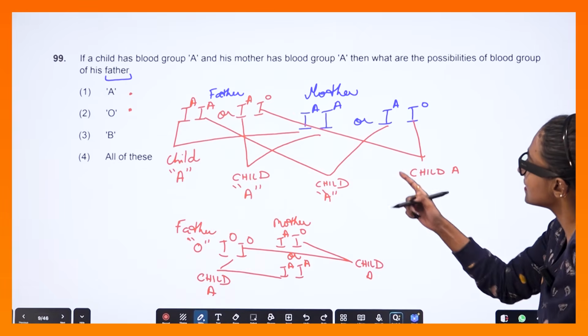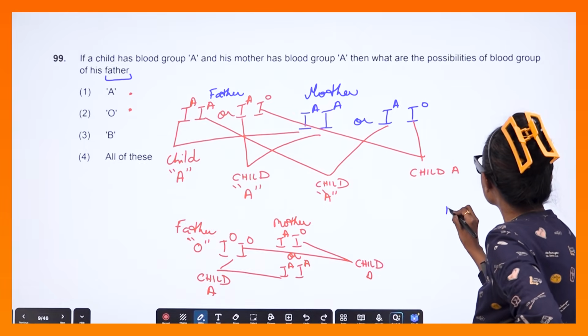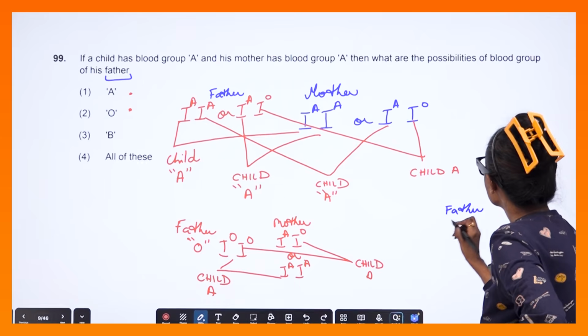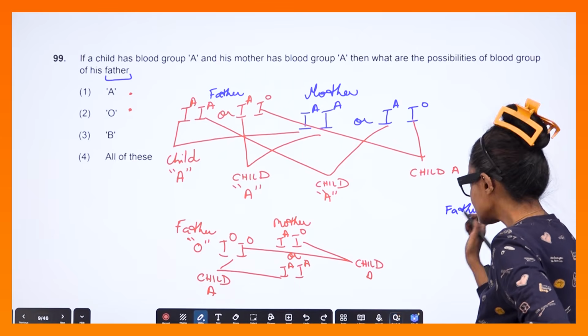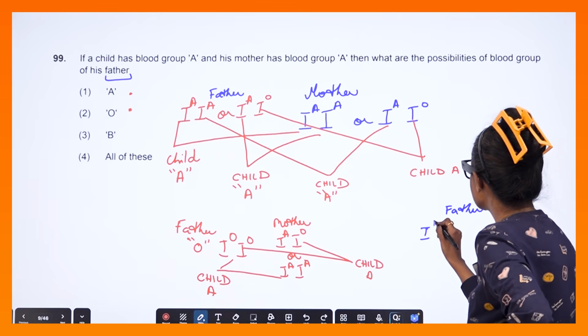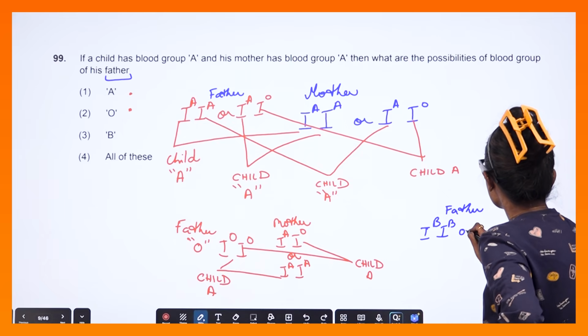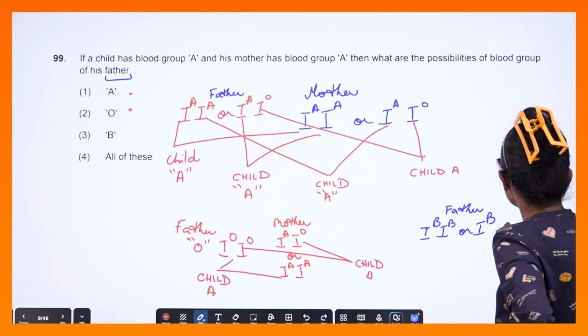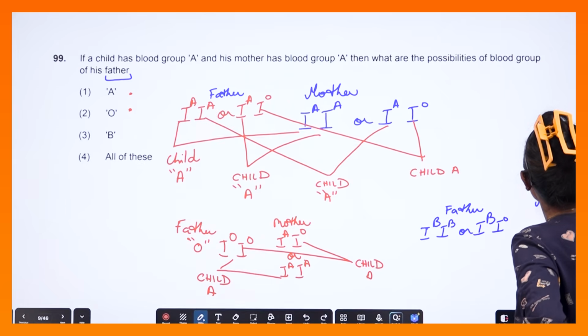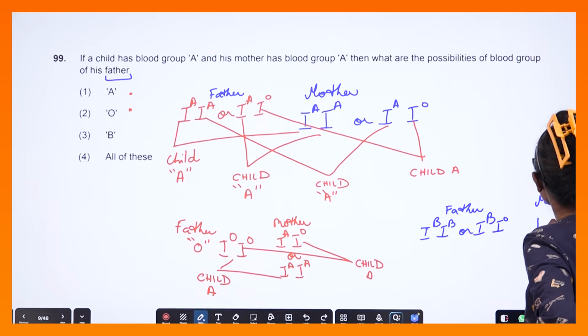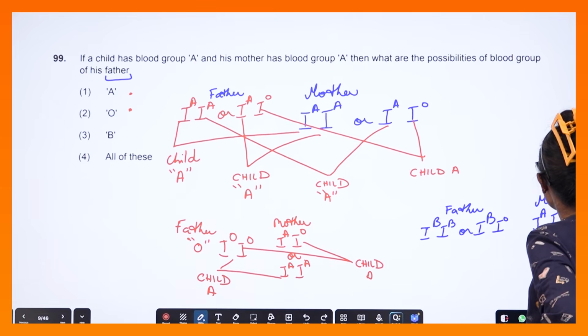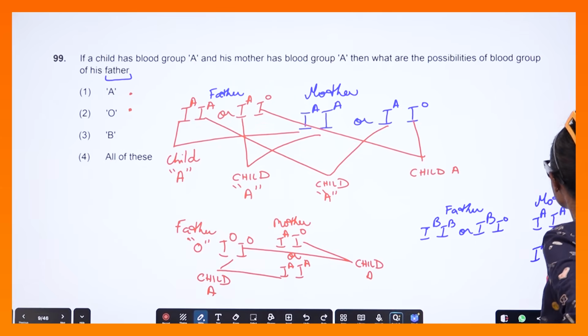Now let's take B. Suppose the father is B. Suppose I take IBIB father, or it can be IBIO. Mother in every condition is IAIA or IAIO.